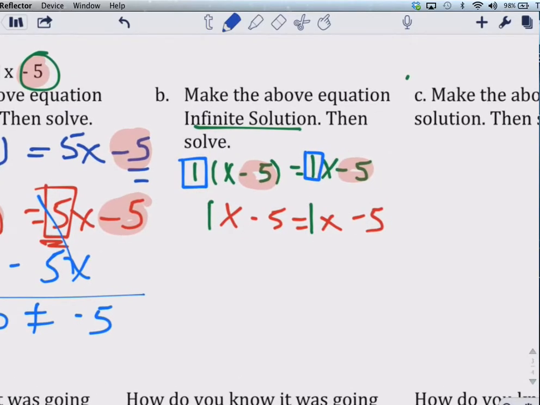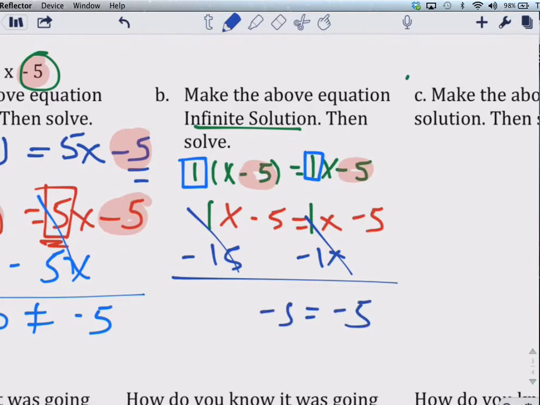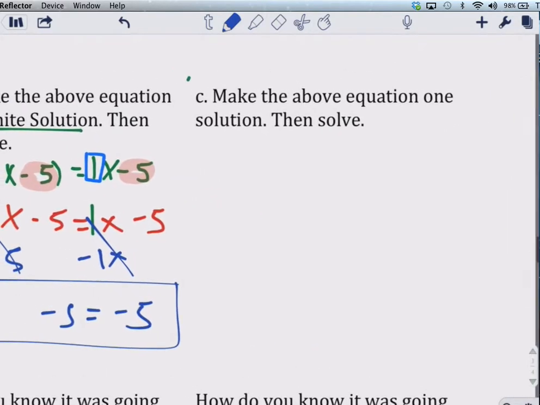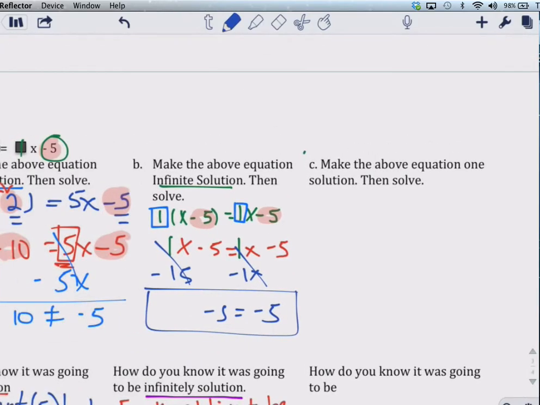So if you notice, you minus 1x minus 1x, you get negative 5 equals negative 5. Make the above equation one solution and then solve. One solution for sure.